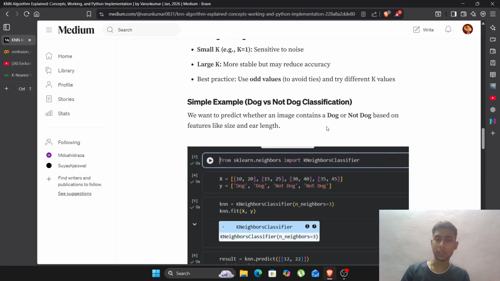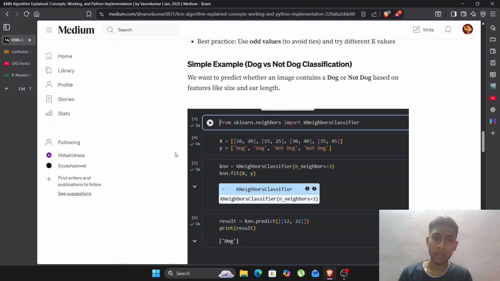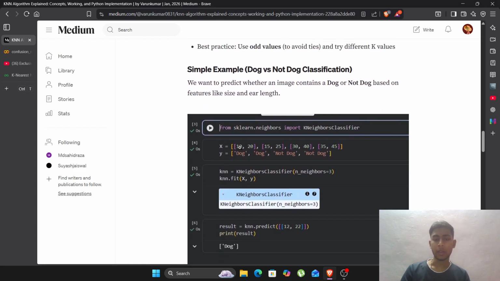Simple example: dog versus not dog classification. We want to predict whether an image contains a dog or not a dog based on features, and here we have used a simple and short code for this example. We are importing the required libraries from sklearn.neighbors, importing KNeighborsClassifier.